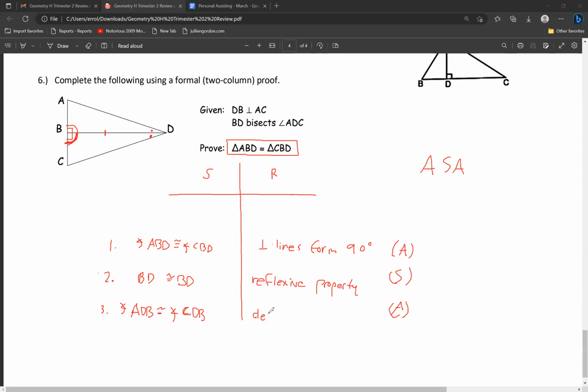Definition of angle bisector. And then four would just be what they're asking: therefore, triangle ABD is congruent to triangle CBD by ASA congruency. Okay. Make sense? Yeah. All right, cool.